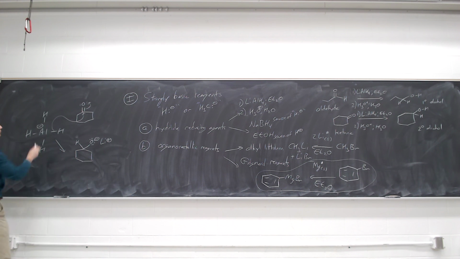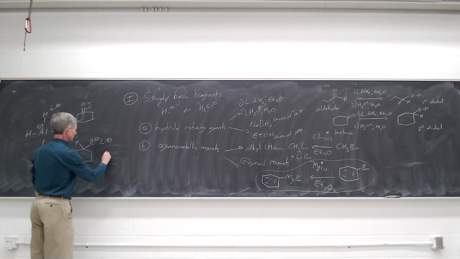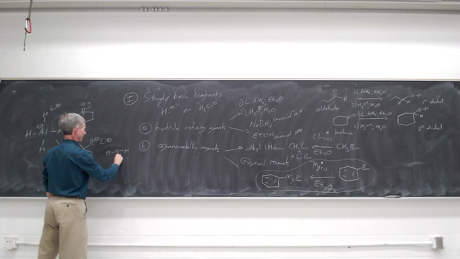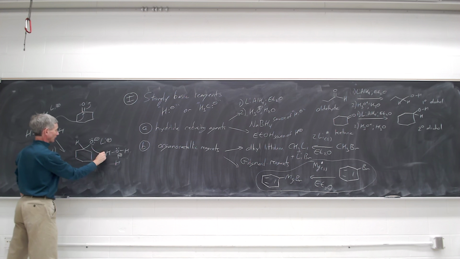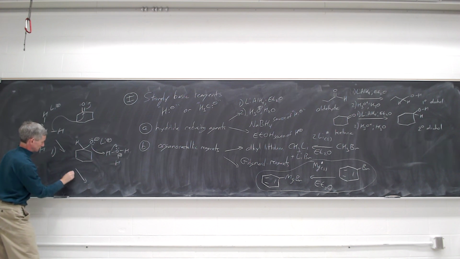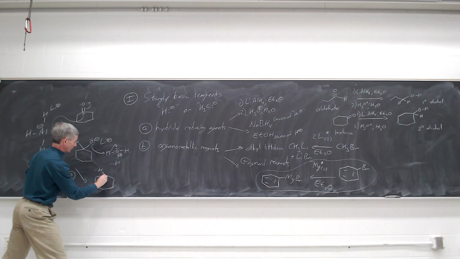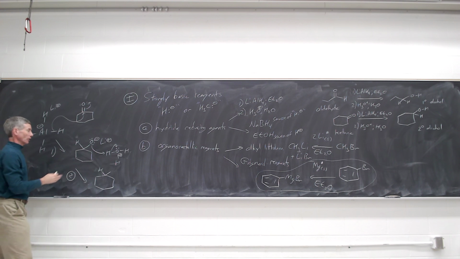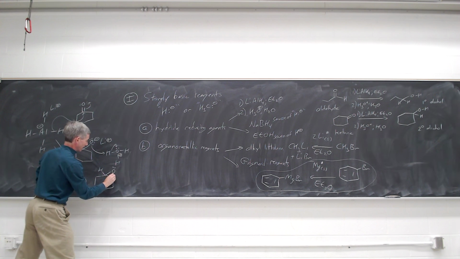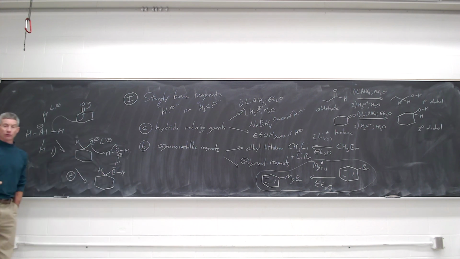To generate the alkoxide salt, and then in the second step, the aqueous acid will protonate that alkoxide ion to generate the alcohol. So it's a nucleophilic attack at the positively polarized carbon, followed by an acid-base reaction to protonate the negatively charged oxygen.